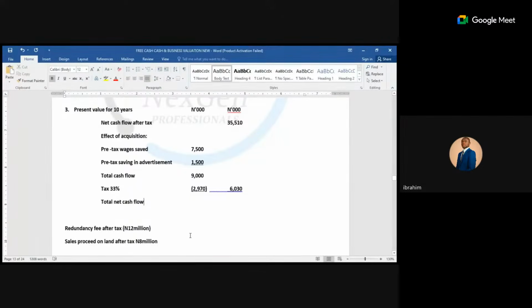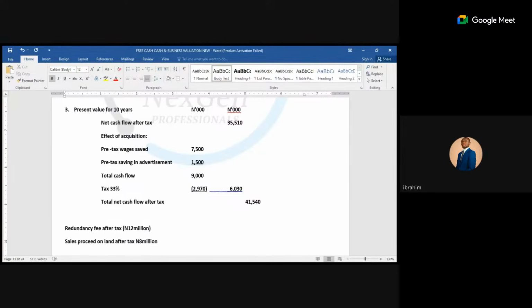41540, class. This is the net cash flow after tax, after the tax for 10 years.